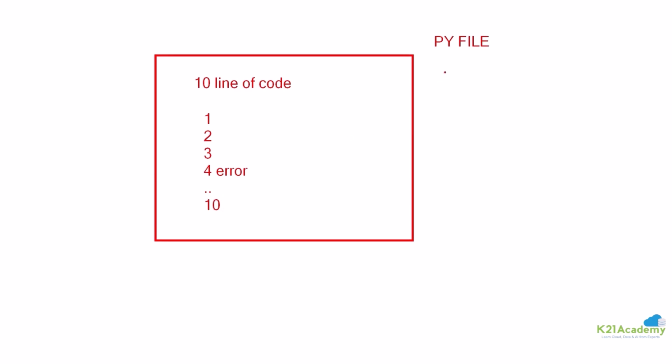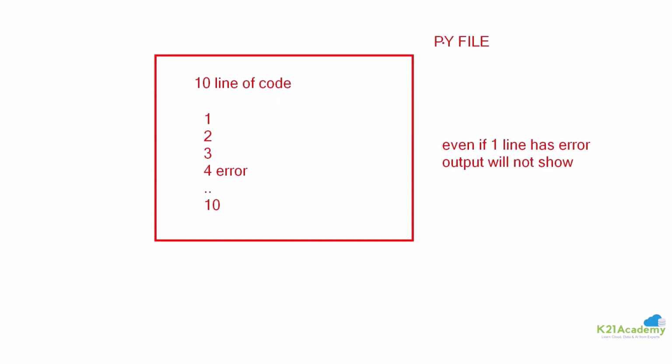If I run a py file, try to understand what I'm saying, even if one line has an error, output will not show. And suppose every line gives a single output, output will not show.